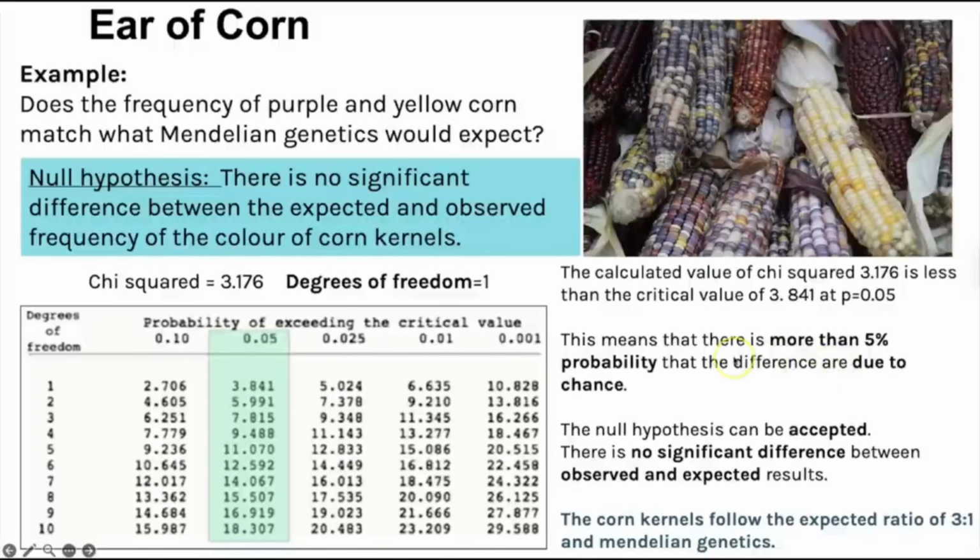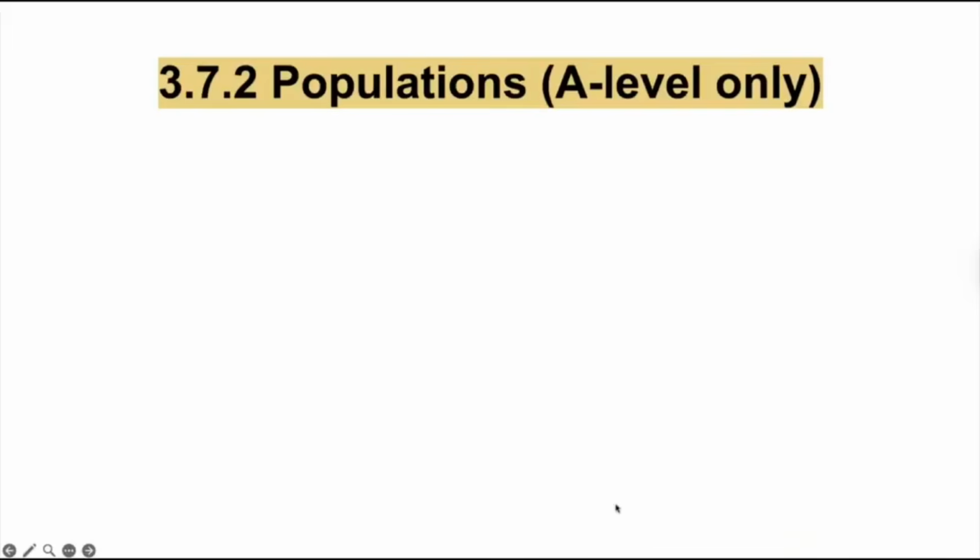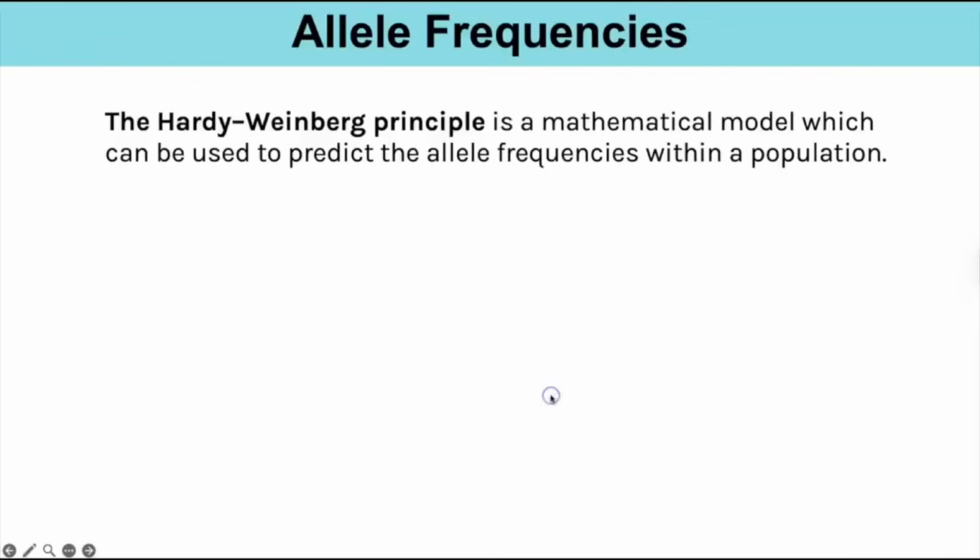And you do have to state difference and not just result to get the mark. So that means we can accept the null hypothesis, and there is no significant difference between what we observed and the ratio that we expected. Or in other words, the corn kernels did show a 3-to-1 ratio because it wasn't different to what we expected, and we expected 3-to-1.